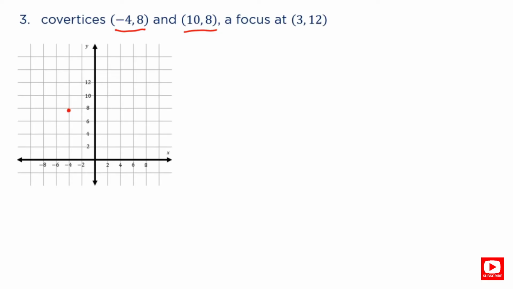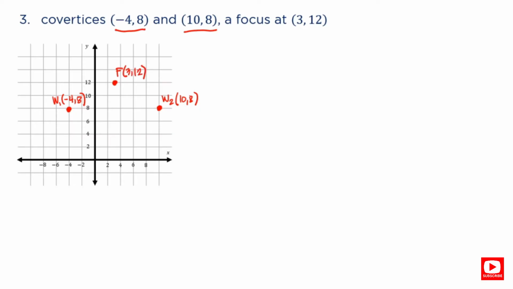Negative 4, 8 is here. So this could be our W sub 1. That is negative 4, 8. And 10, 8 is somewhere here. So this is our W sub 2, 10, 8. Okay. And one focus at 3, 12.